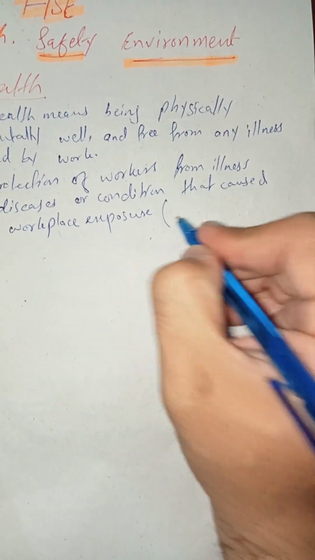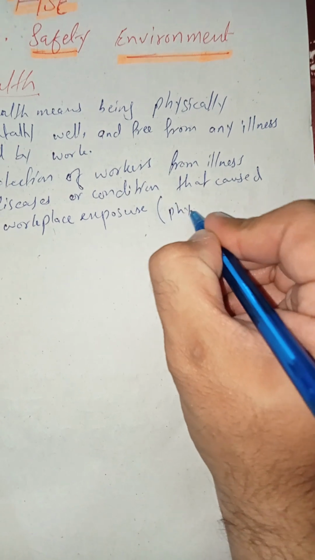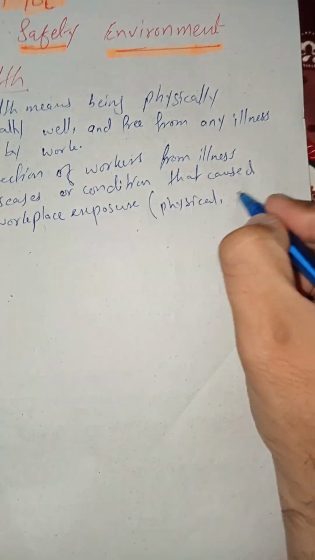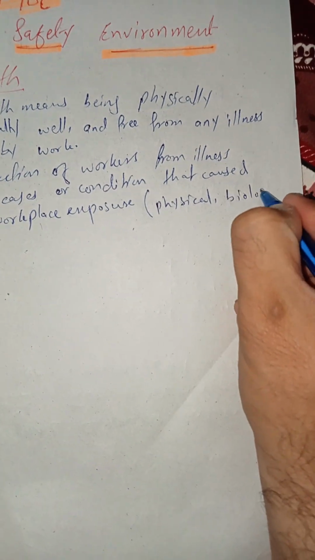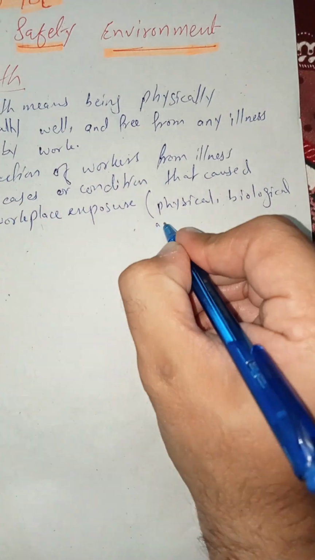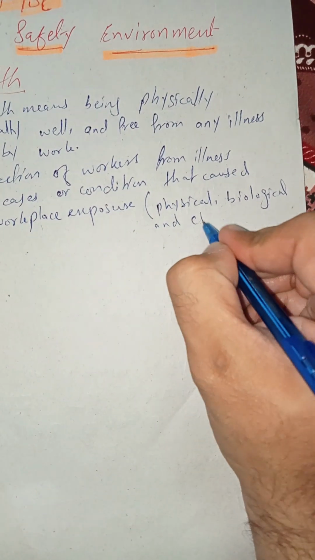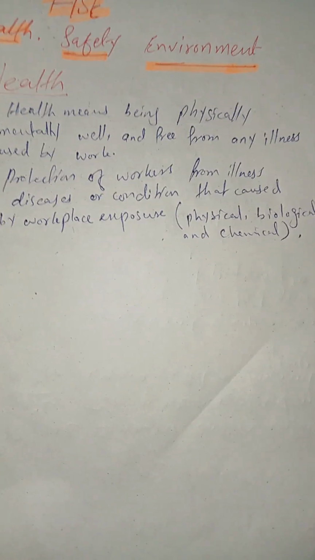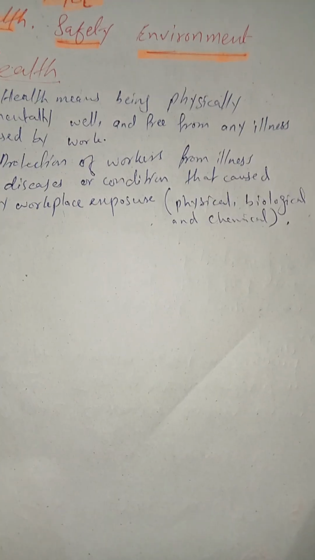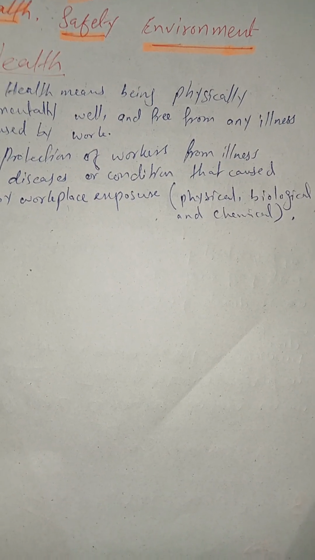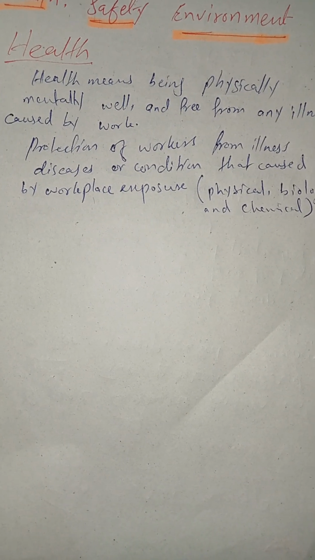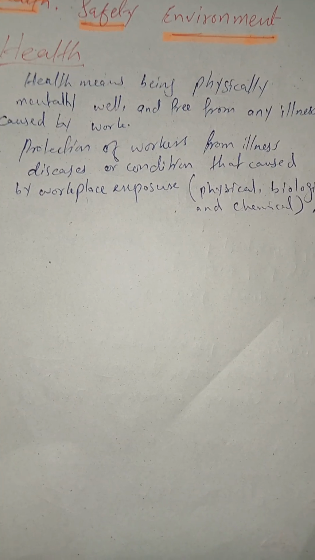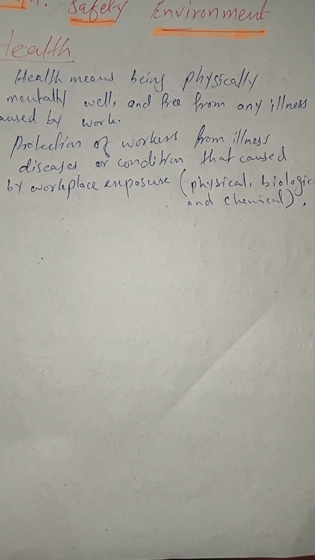Now it's more clear. For example, physical, biological and chemical. These are experiences we get during the workplace exposure, and how we can overcome these health issues.